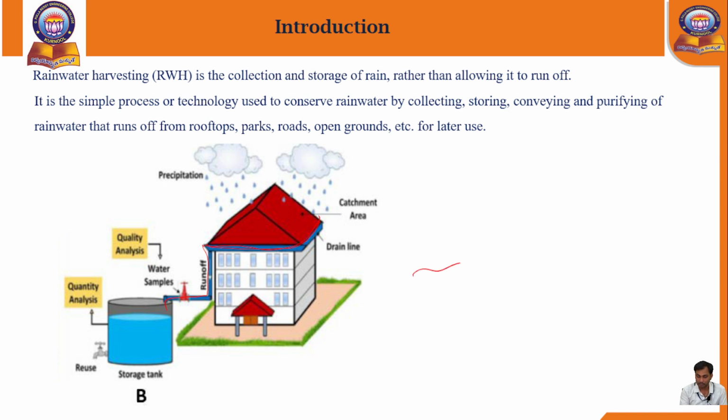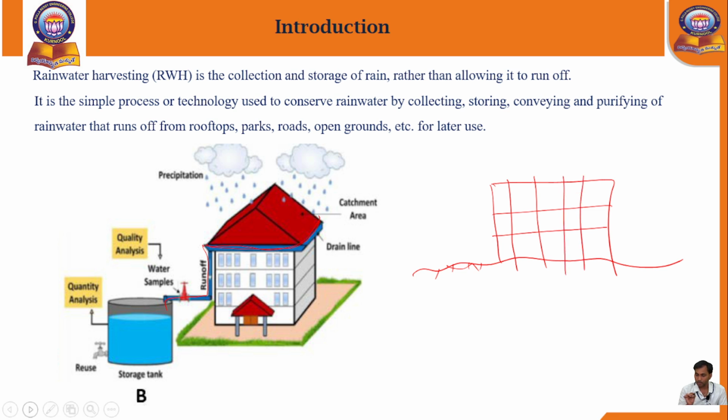For example, this is our ground surface, and this is our building. Here rainfall is happening, and slowly that rainwater collects on the catchment area, which is on the top floor, in the terrace area.